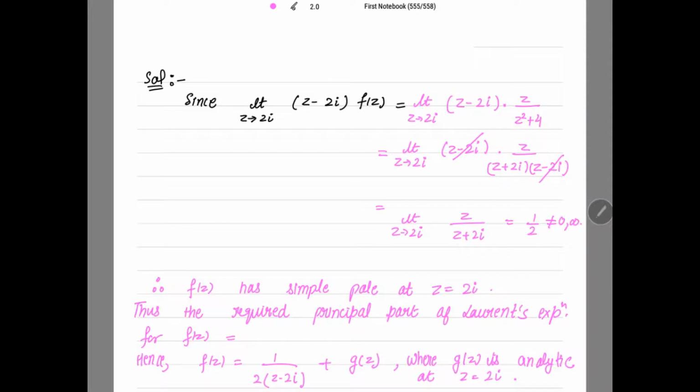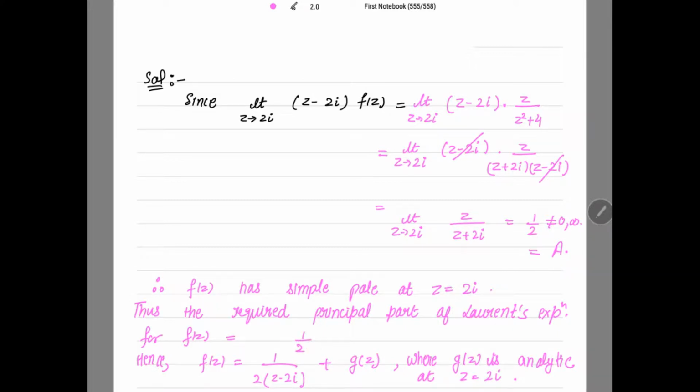So we are having our capital A to be 1 by 2. This is your capital A. So therefore, f(z) has a simple pole at z equal to 2i. Thus the required principal part of Laurent's expansion for f(z) is equal to A over z minus z naught. What is A? This is 1 by 2.